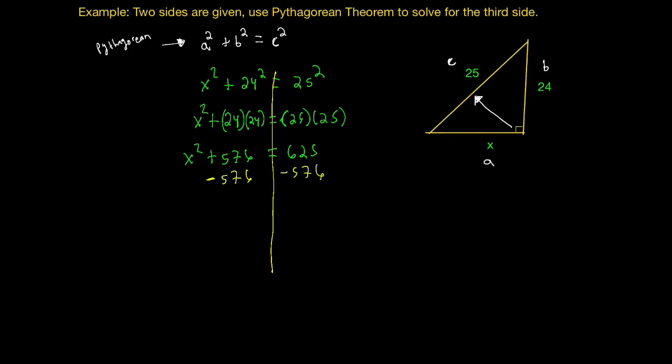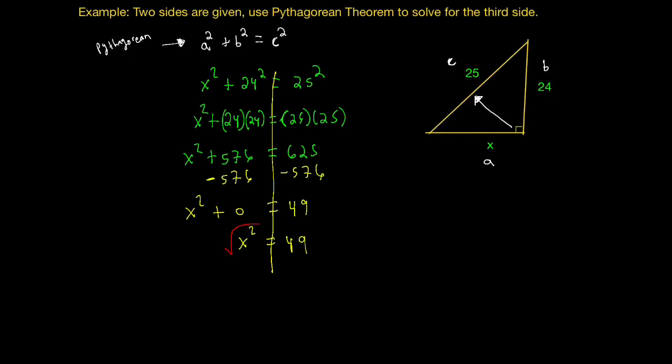So we get x squared plus 0 equals 625 minus 576. Again, if you want, you can use a calculator for that. We're going to get 49. X squared plus 0 is x squared. And then in order to isolate x to the second power, we have to take the square root.